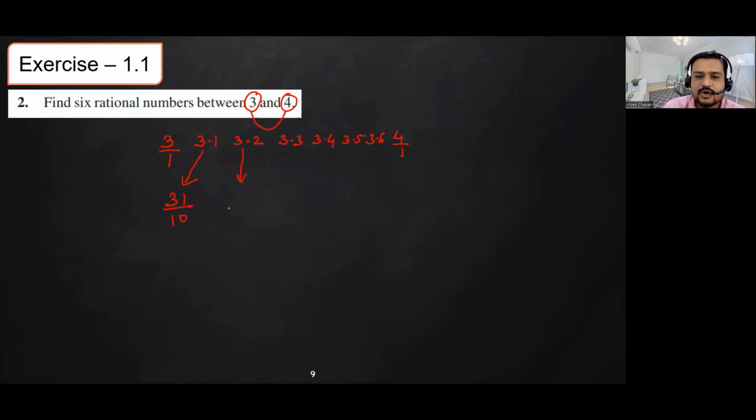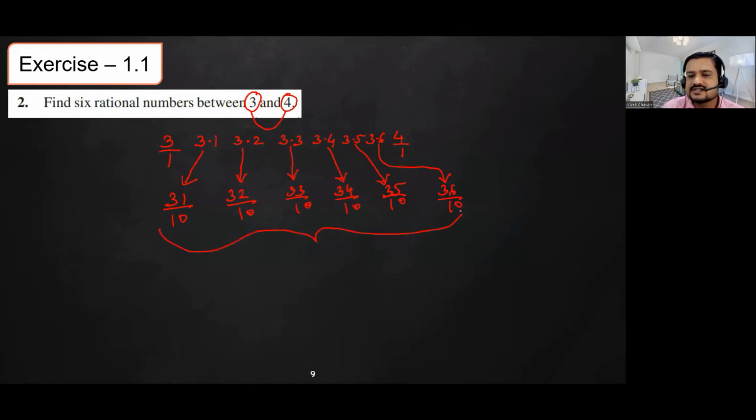Can I write 3.2 as 32 upon 10? 3.3 as 33 upon 10? 3.4 as 34 upon 10? 3.5 as 35 upon 10? 3.6 as 36 upon 10? So these are the 6 rational numbers.